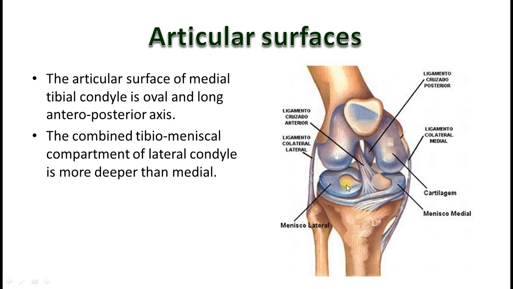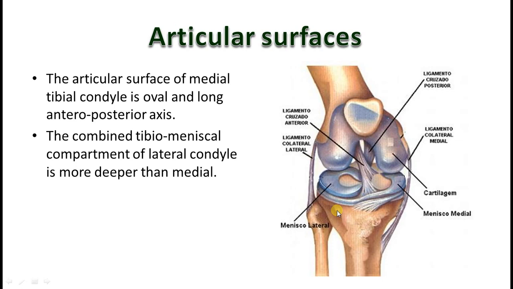Then, if you look at the combined menisco-tibial compartment, that is the menisci with the tibial condyles put together, this is menisco-tibial, and this is menisco-femoral. So the joint cavity is divided by the menisci into menisco-femoral and menisco-tibial. The upper compartment will provide rotary movements. The lower compartment mainly will provide gliding movements. So gliding movements take place in the menisco-tibial compartment.